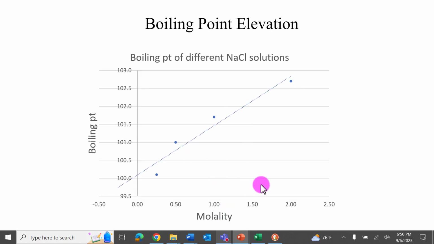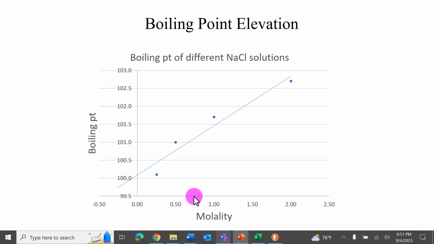How would you do it from the graph? Well, where's the molality that's given to me? 0.75, that's about halfway between these two. So 0.5 is here, 1 is here, so 0.75 is going to be right here. You draw a line upwards till you reach the best fit line, and then you draw a line horizontally to figure out where the boiling point falls here.